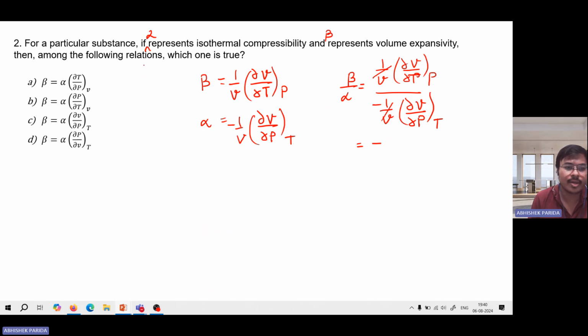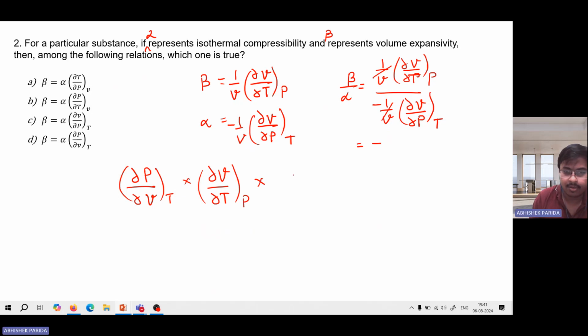So how to reduce that to a single equation? We'll use the cyclic property. What is the cyclic property? We write dou V by dou P at constant temperature into dou V by dou T at constant pressure into dou T by dou P at constant volume is equal to minus 1.